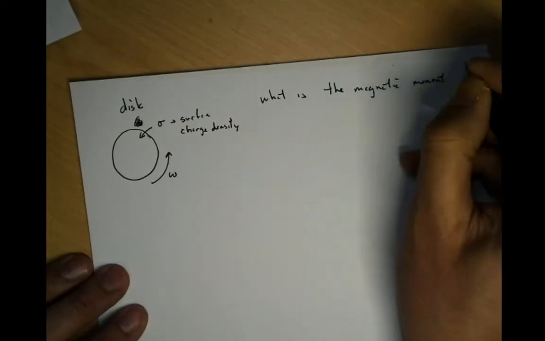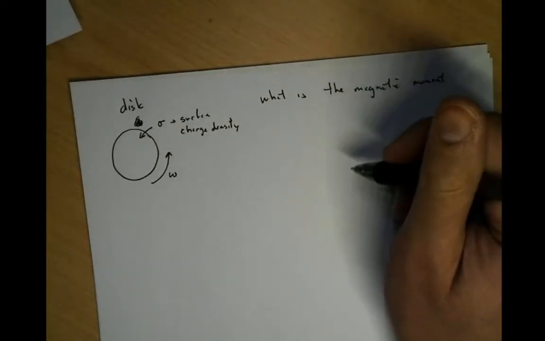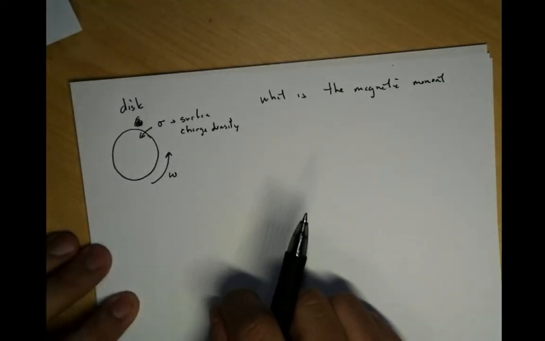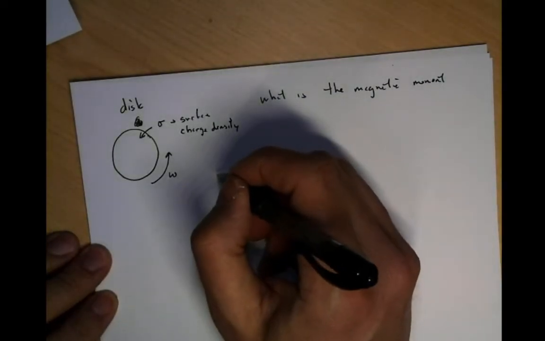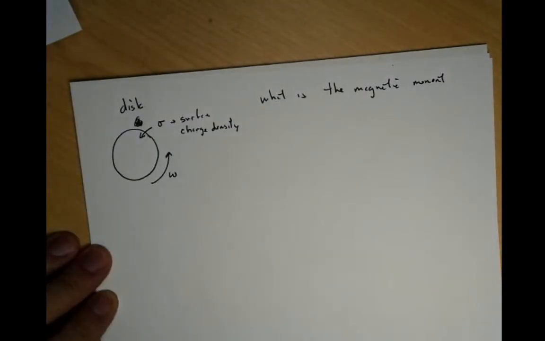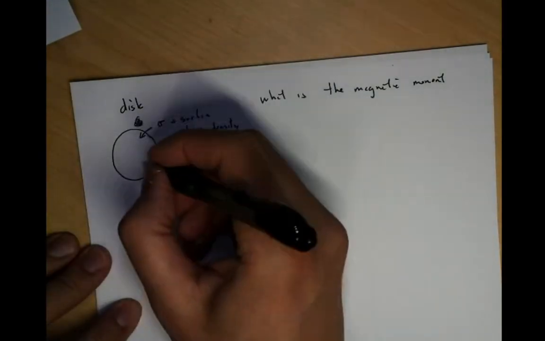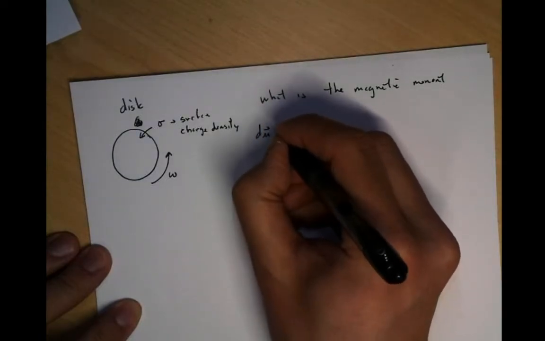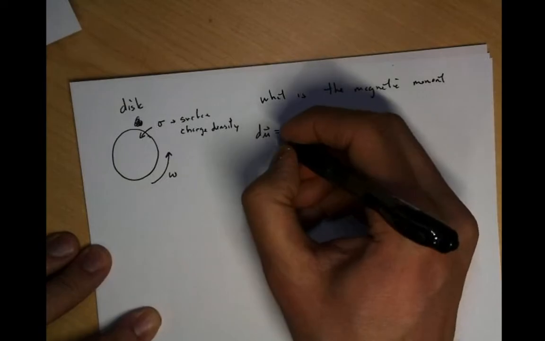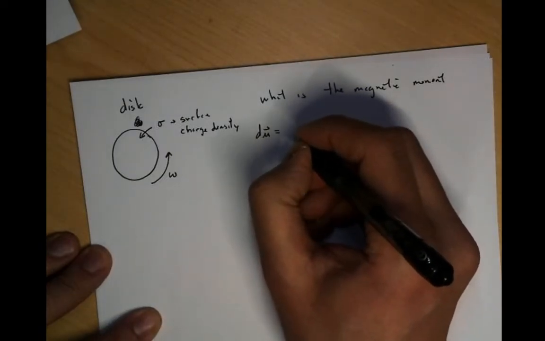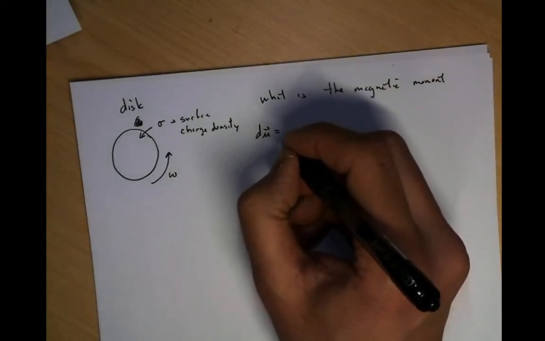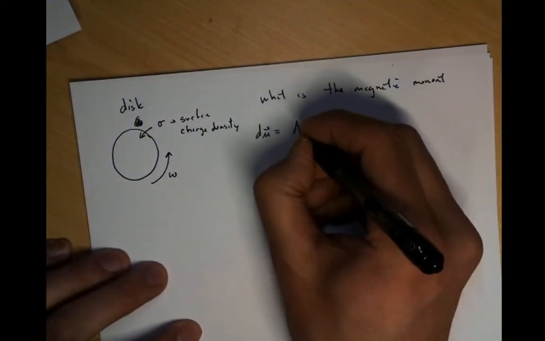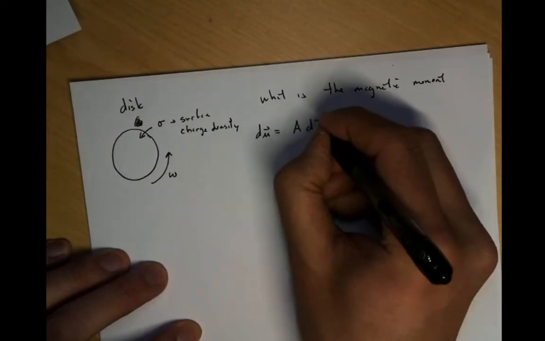Things don't have to be wires. They could be things that are just spinning around. So to do that, the magnetic moment d mu is going to be equal to the area times the differential current.